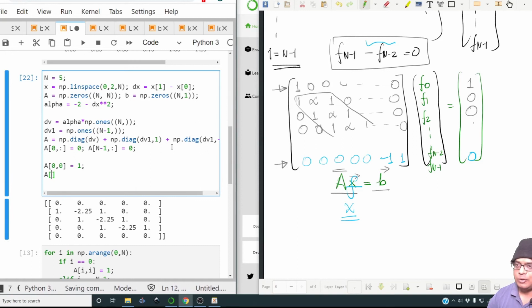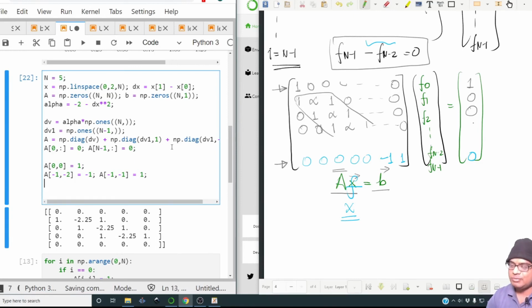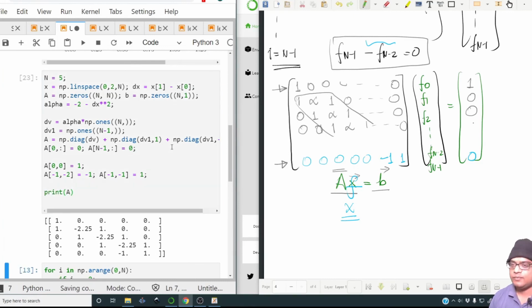I'm just being silly over here, because we can simply write A[-1, -2] is equal to -1 and A[-1, -1] equal to 1. We've seen this in the very beginning that -1 is simply the same as n minus 1. Let me in fact print A and convince you. So A[0, 0] has been set to 1, A[-1, -2] has been set to -1, and A[-1, -1] has been set to 1.